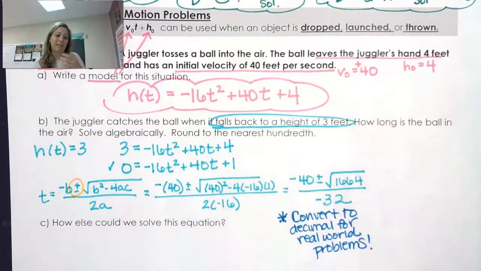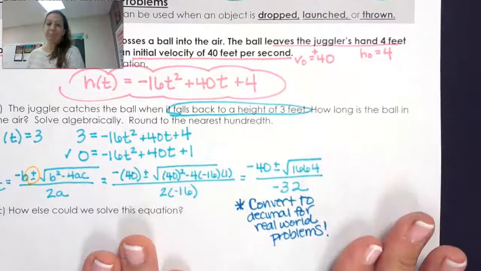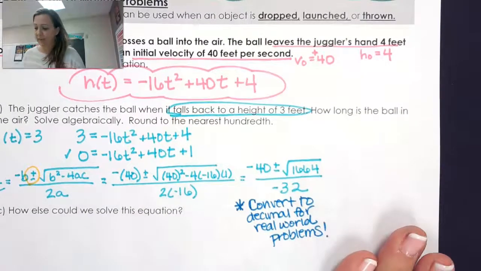Because in reality, we don't say things like, oh, it took me 2√2 minutes to do this. So it's good to be exact, but when we're just talking about a real world situation and we're reporting back, we want to make it more understandable.